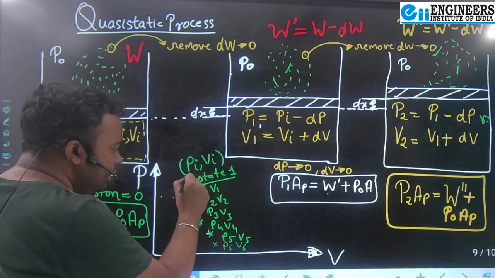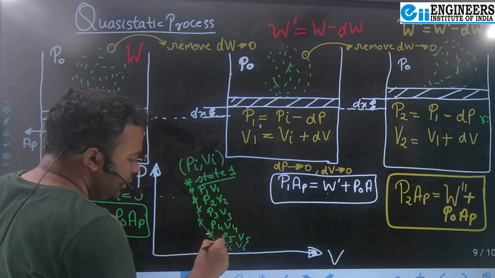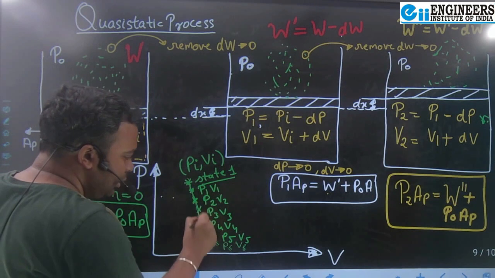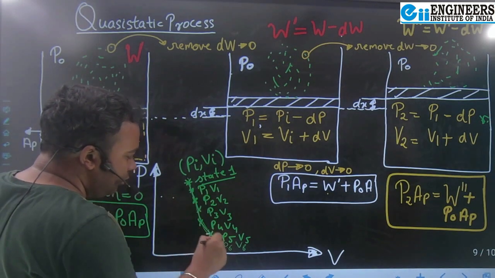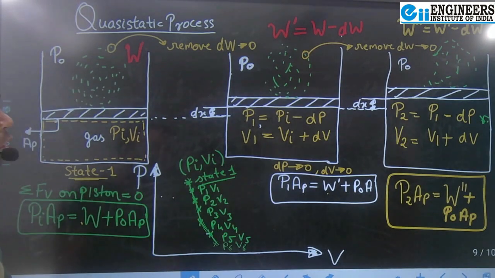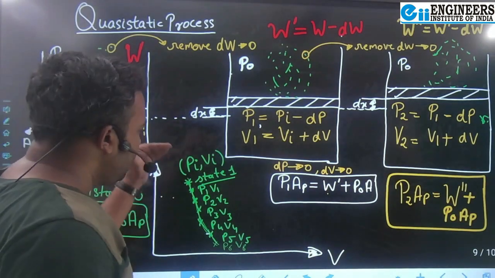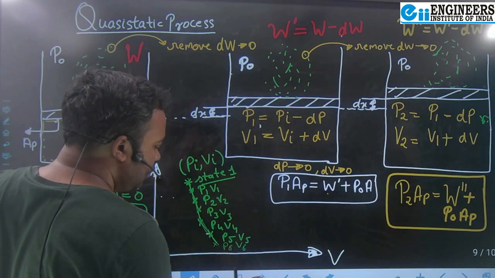Now you connect all these equilibrium states with a smooth line, and you will get a smooth line. This is actually the path of the process, right? The path which the system has undergone from the initial state to the final state.